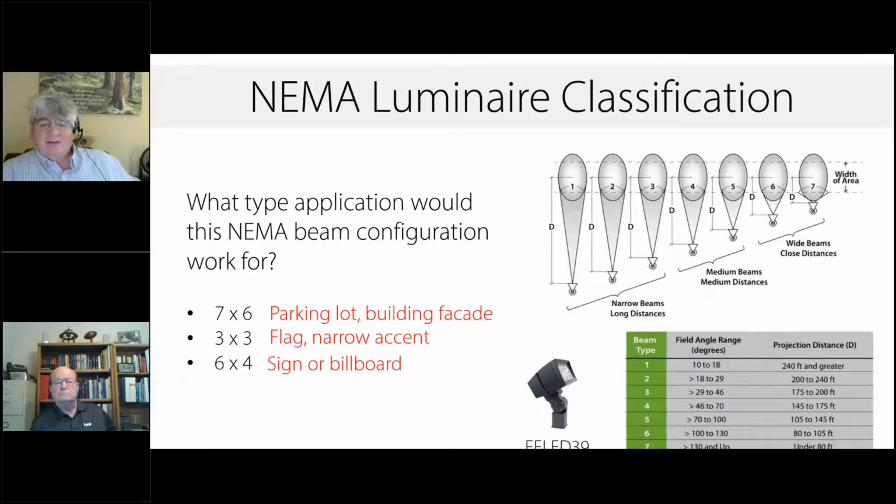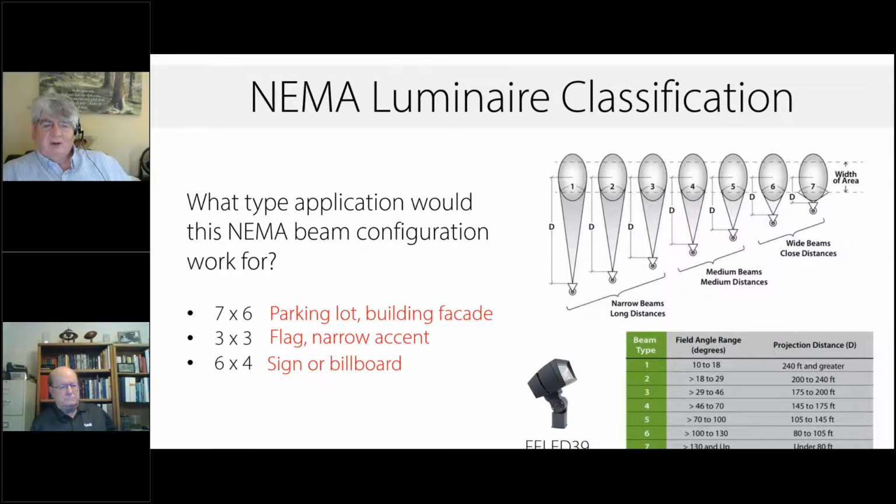Now, in terms of the NEMA classification, as Bob was pointing out, the narrower beams are the NEMA 1, 2, 3, etc. And what this beam type describes is the field angle in degrees for first the horizontal distribution and then the vertical distribution.